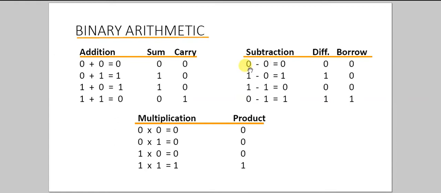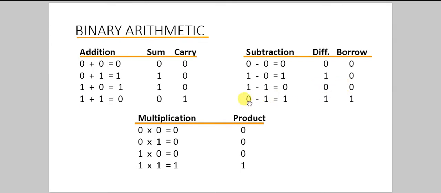Now in subtraction, we have 0 minus 0 is 0, the difference is 0 and the borrow is 0. 1 minus 0 is equal to 1, the difference is 1 and the borrow is 0, because we don't need to take a borrow as 1 is greater than 0. 1 minus 1 is equal to 0, the difference is 0 and the borrow is 0.